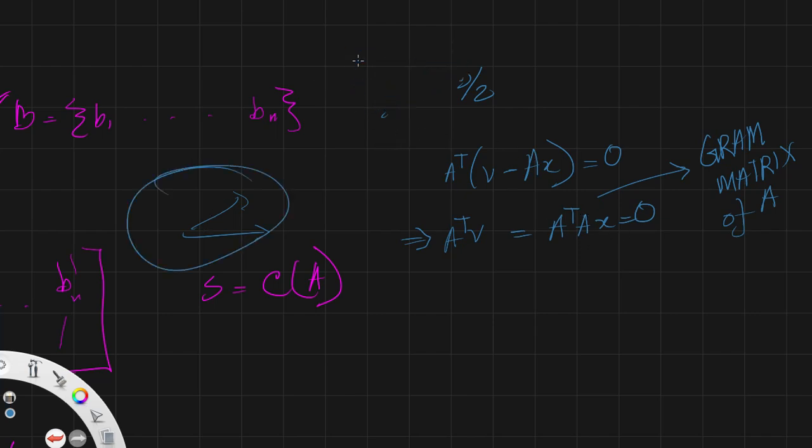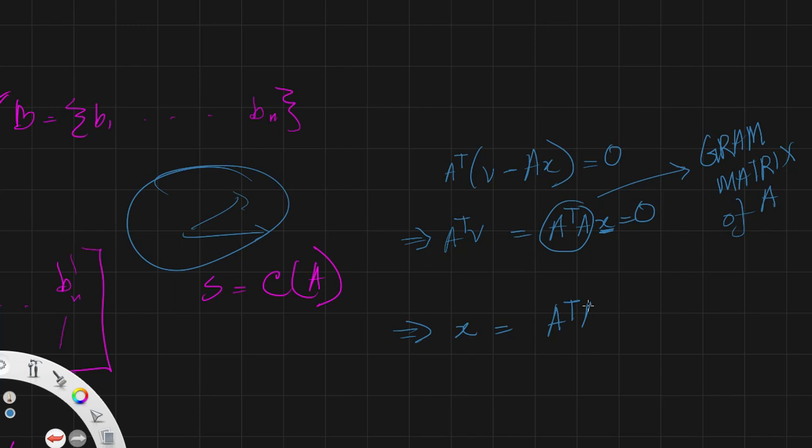So what we can do is take the inverse of a matrix. So x is equal to this whole portion coming to the left side: A transpose A inverse, and then we have A transpose V. Sorry, I forgot to write the inverse.